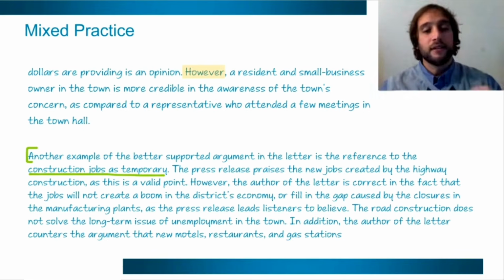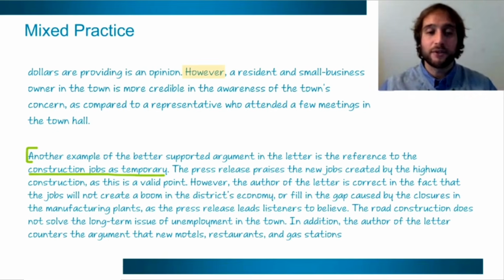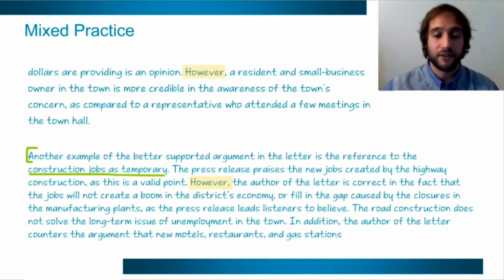So, the press release praises the new jobs. However, look, we get this transition statement again. The author is correct in the fact that the jobs will not create a boom in the district's economy or fill in the gap caused by the closures in the manufacturing plants, as the press release leads listeners to believe.